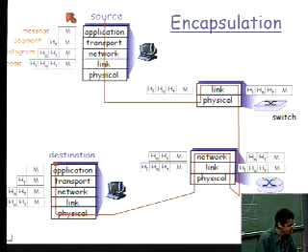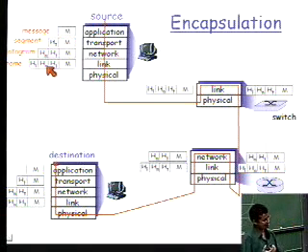The message, as far as the transport layer is concerned, is simply M. As far as the network layer is concerned, the message is not M, but it's M plus the transport layer header. As far as the link layer is concerned, the message then becomes the message plus the transport layer header plus the network layer header.